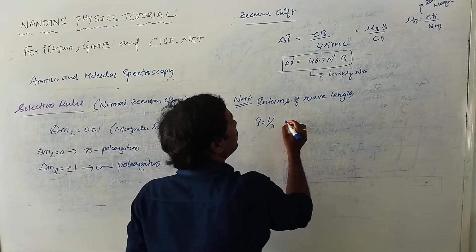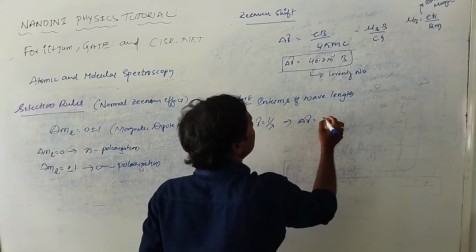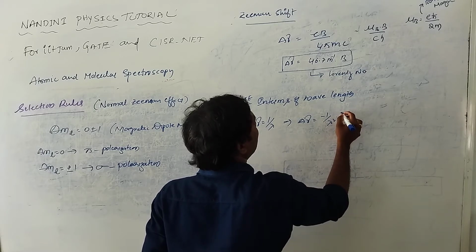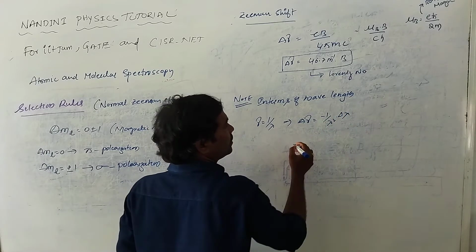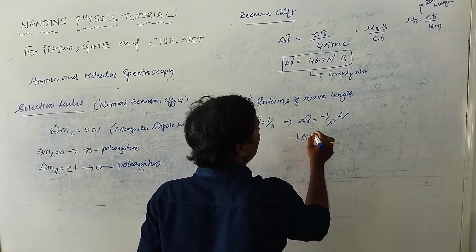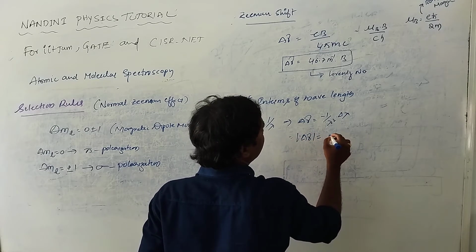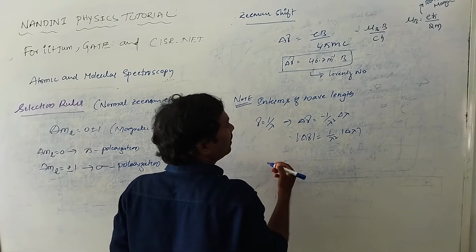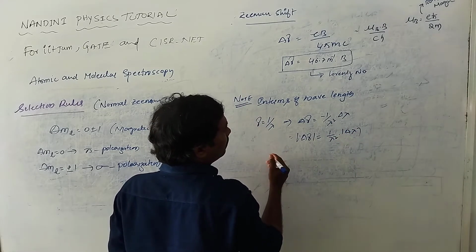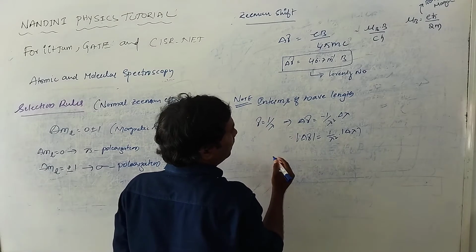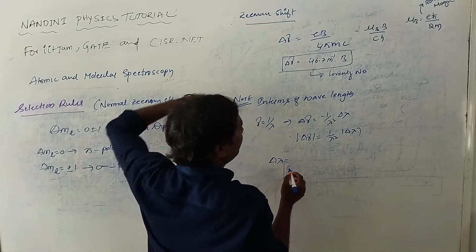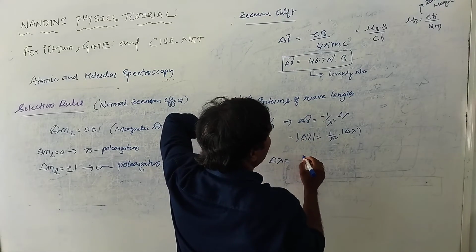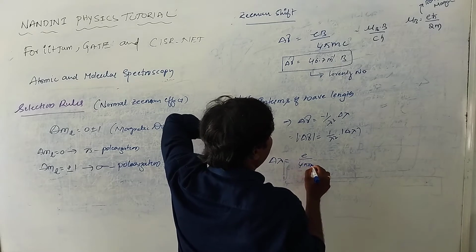Differentiate both sides: delta nu is equal to minus 1 by lambda square into d lambda. Taking the modulus, delta lambda is equal to 1 by lambda square into delta nu. Substituting delta nu, delta lambda is equal to lambda square into e B by 4 pi mc.